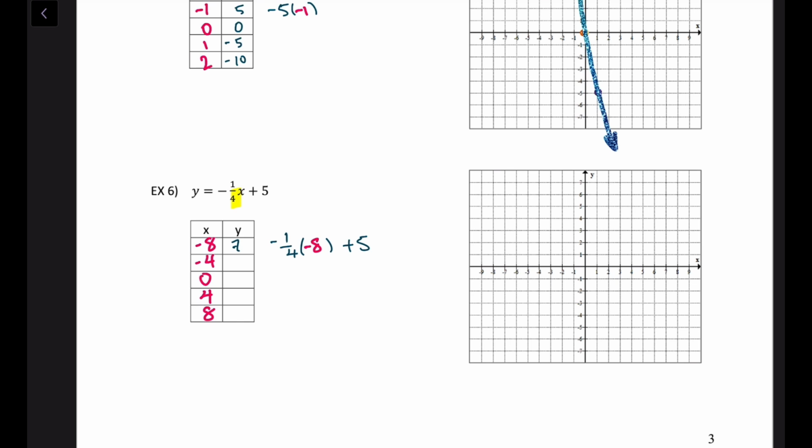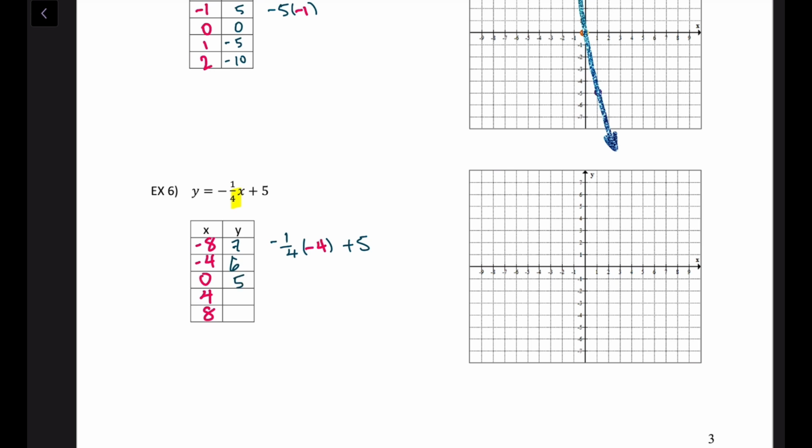And when we plug in -4, we should get 6. When we plug in 0, we just get the 5.